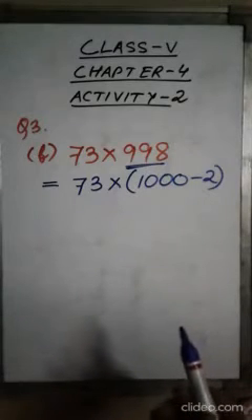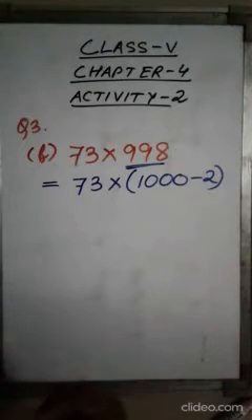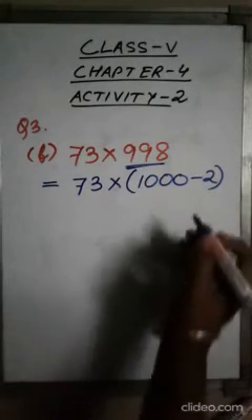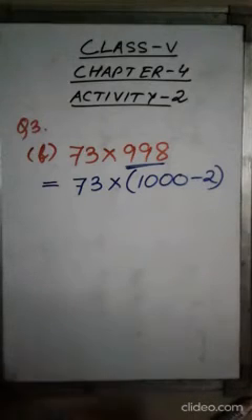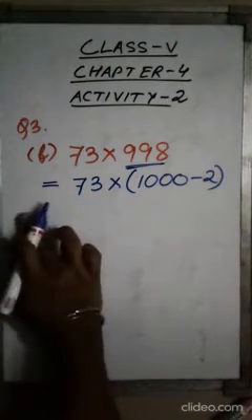So in place of 998, you can write 1000 minus 2. Now this is the distributive property of multiplication over subtraction, because here we are doing subtraction.